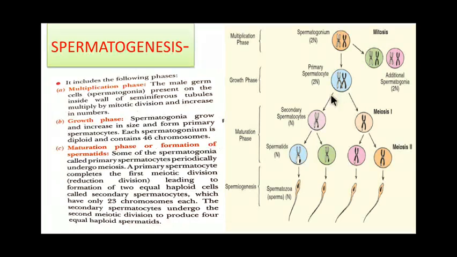Next, each spermatocyte, which is diploid, undergoes the first meiotic division to give rise to haploid secondary spermatocytes.